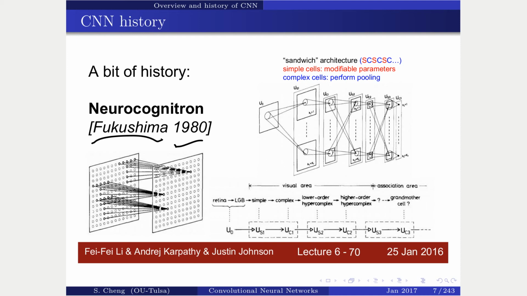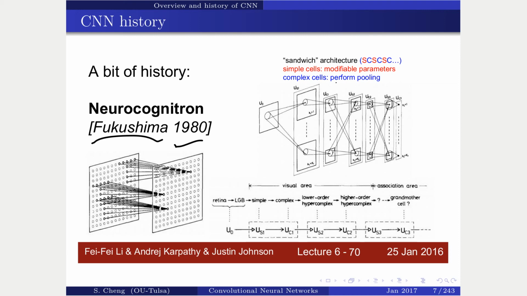Basically, he wanted to create a system similar to this layer system, with layers of simple cells. He has simple and complex cells like sandwiches. The simple cell does the neuron things, and the complex cell does pooling.